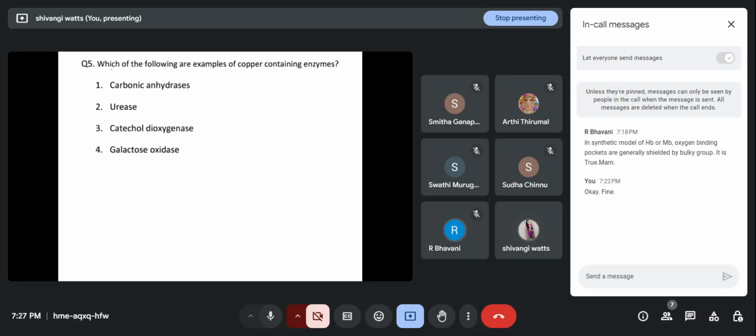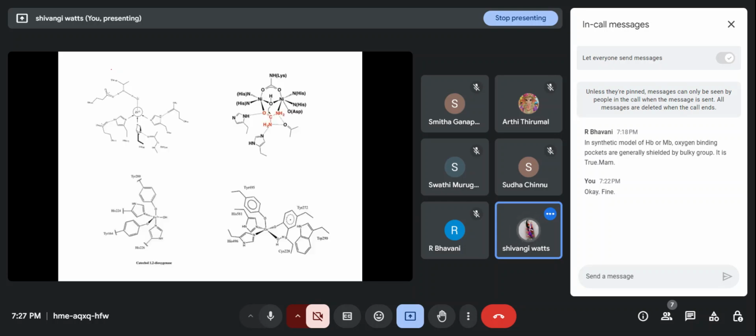What happened to all of you guys? Carbonic anhydrase is a zinc containing enzyme, right? Carboxypeptidase and carbonic anhydrase, this we discussed in the last class. Carbonic anhydrase is a zinc containing enzyme. This is a carbonic anhydrase in which zinc is present.